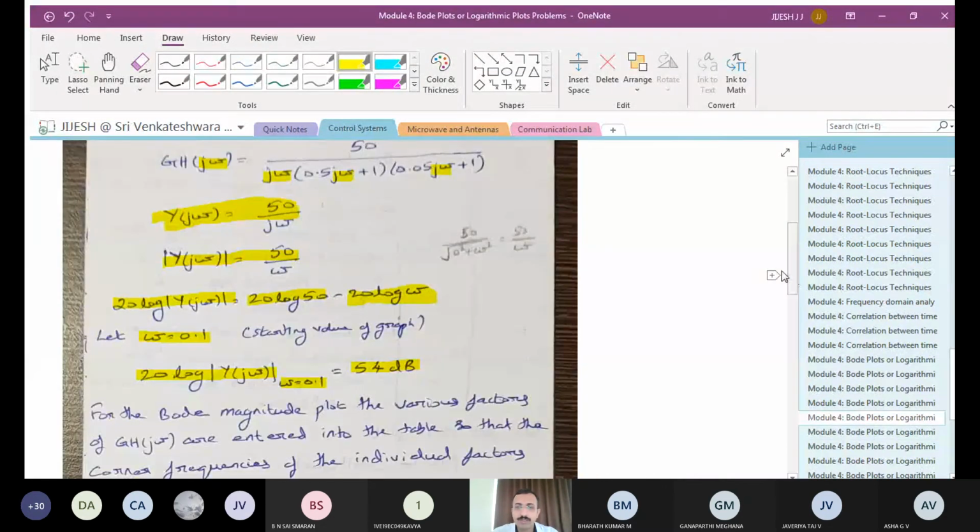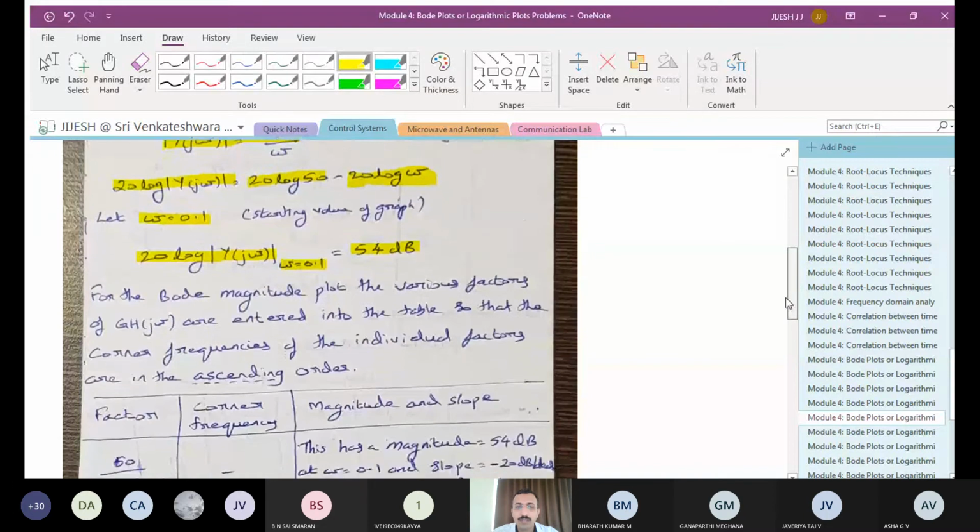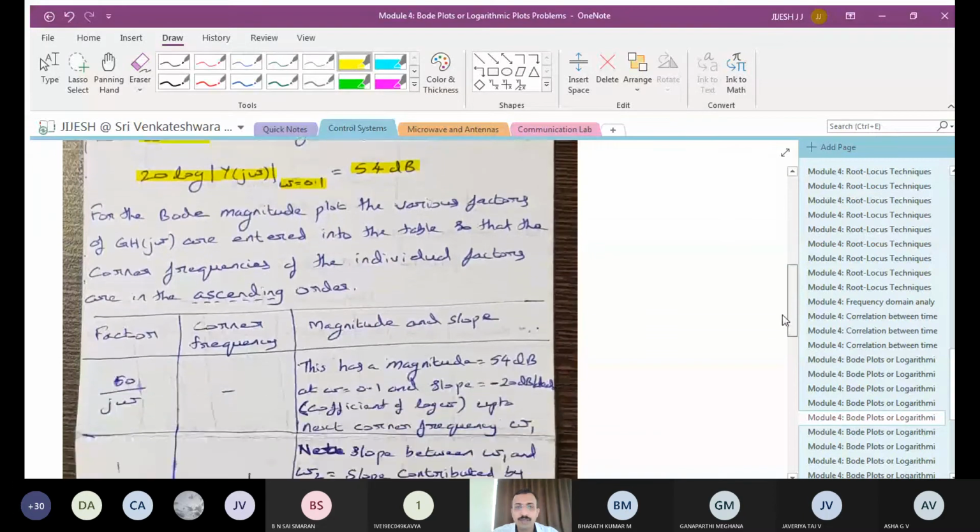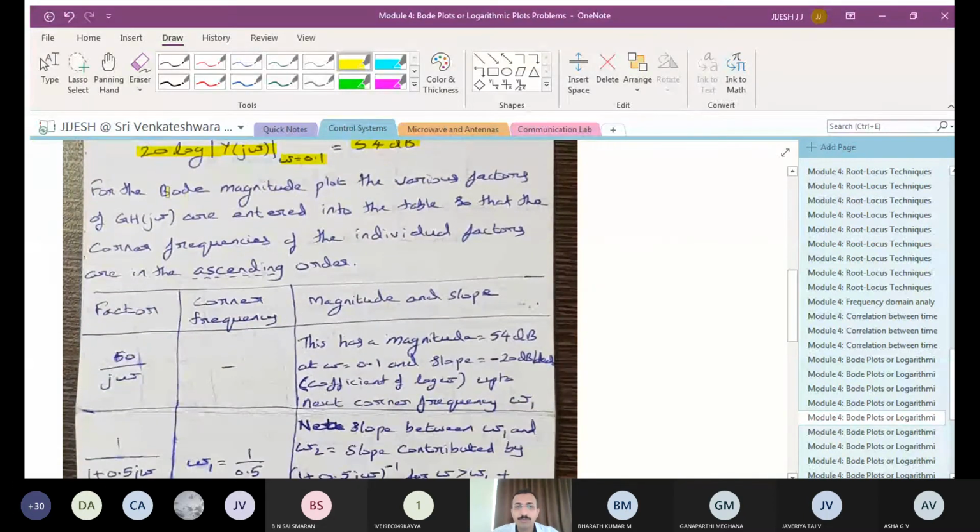Now the rest of the points also we need to get. So what are we going to do for that? For the Bode magnitude plot, the various factors of G(j omega) H(j omega) are entered in a table. We have to draw a table with the corner frequencies of the individual factors in ascending order. This is very important for you to understand.